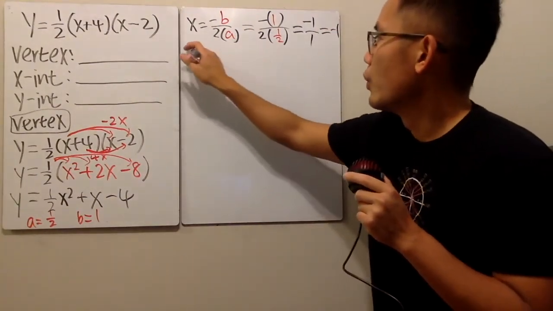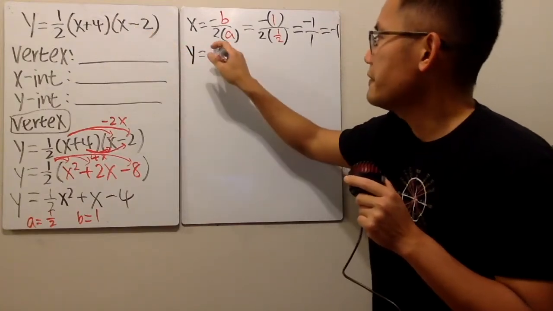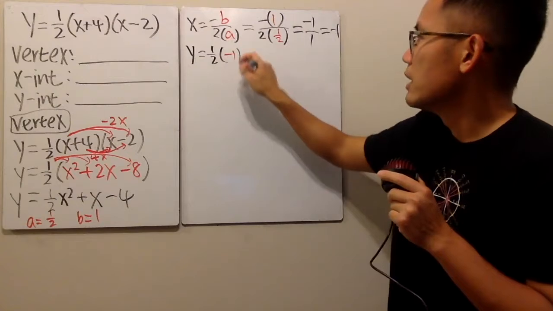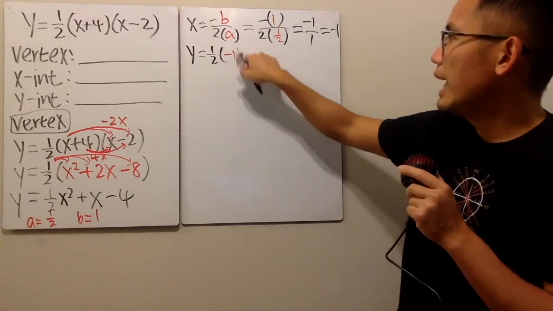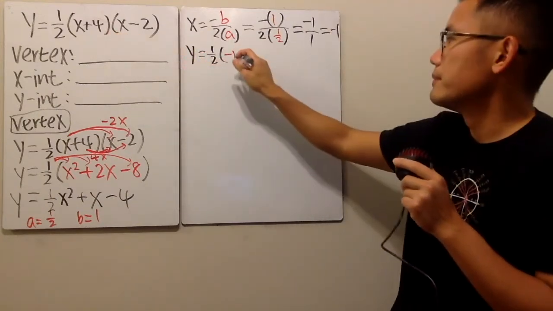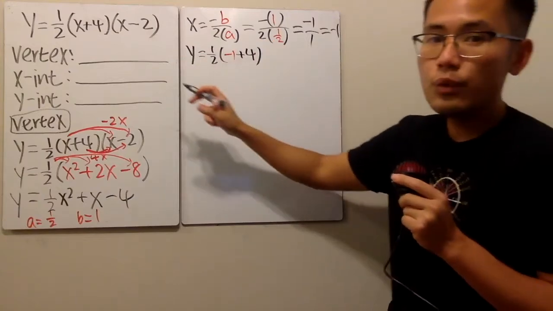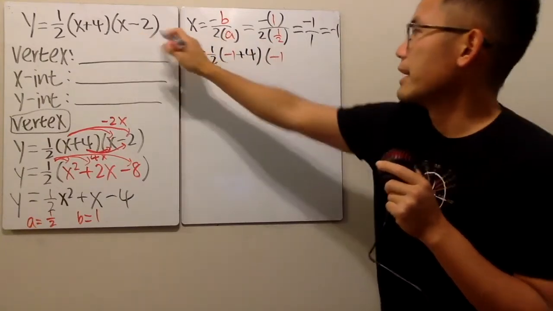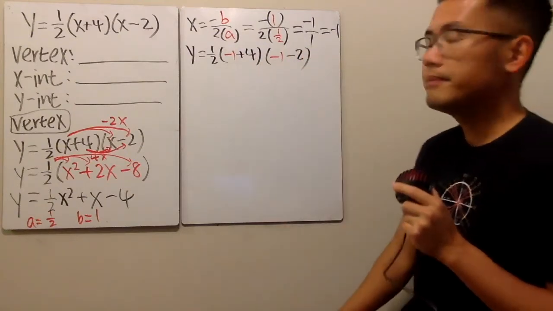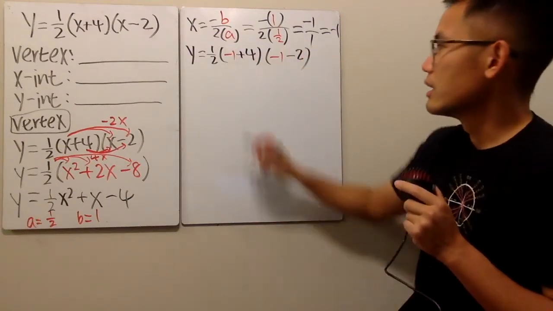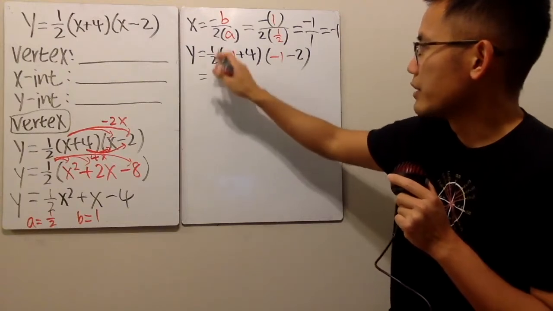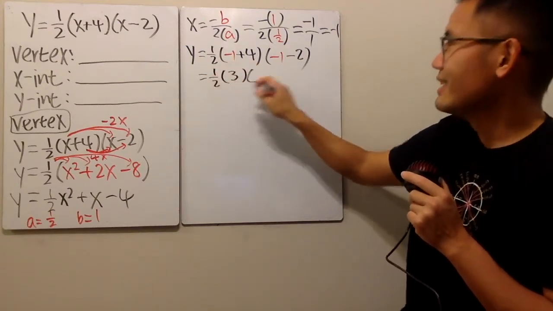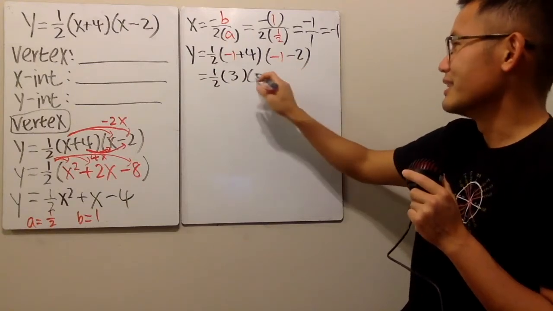I will actually work with the original, right? So here we go. y will be 1/2 times (negative 1 plus 4) times (negative 1 minus 2). Then we can just work this out. Have a look: this is 1/2. Negative 1 plus 4 is 3, and negative 1 minus 2 is negative 3.